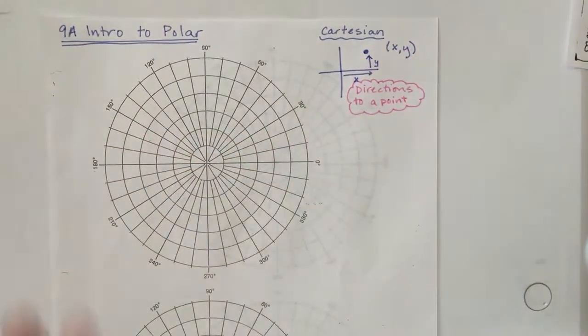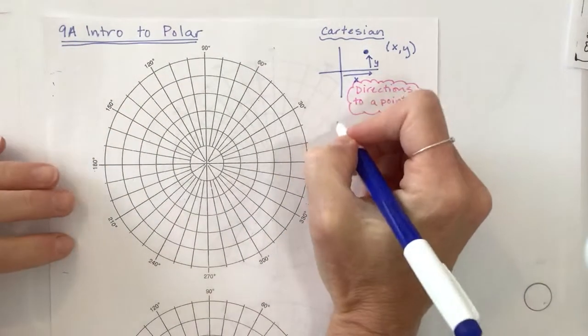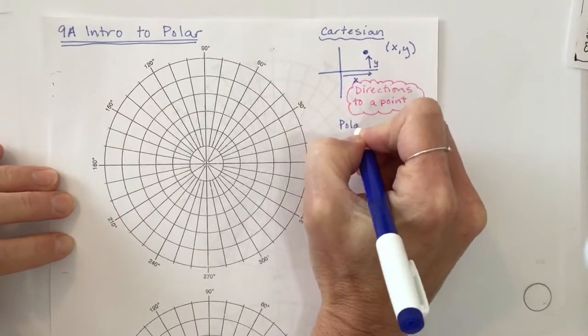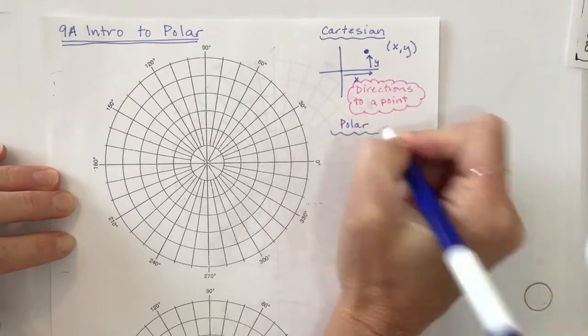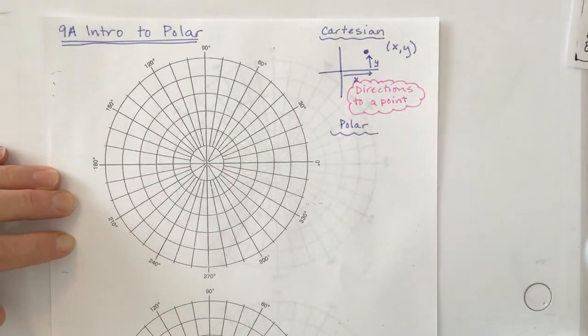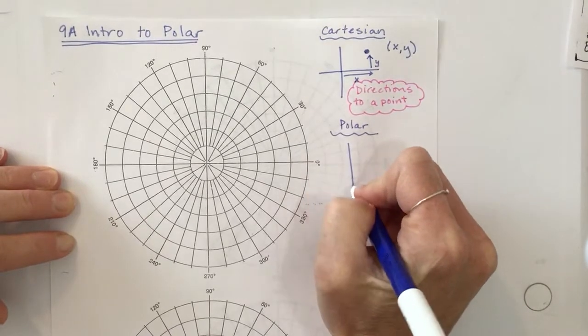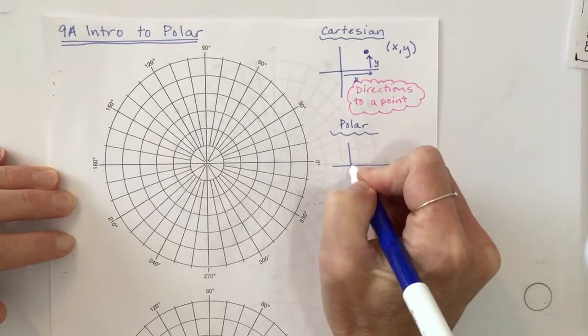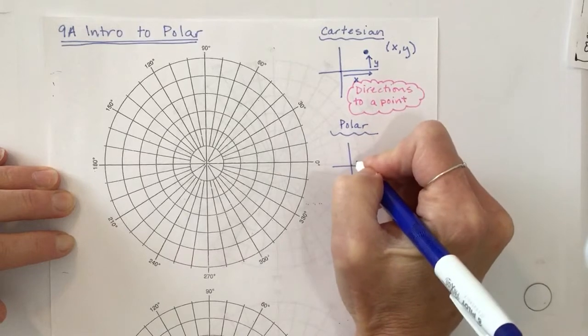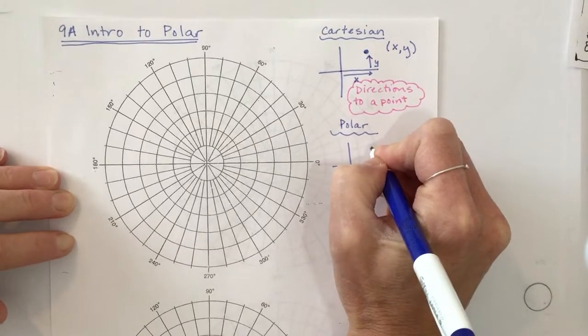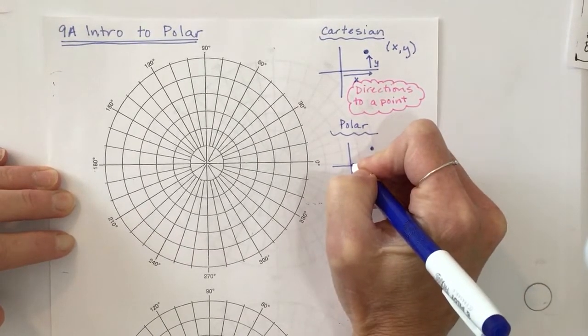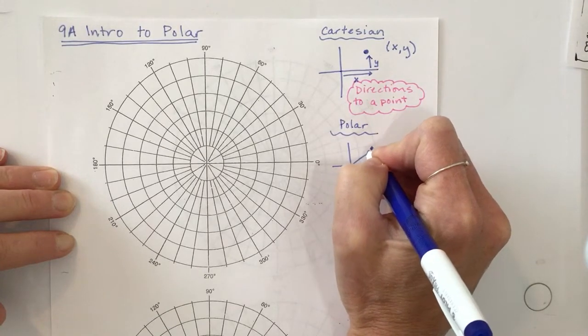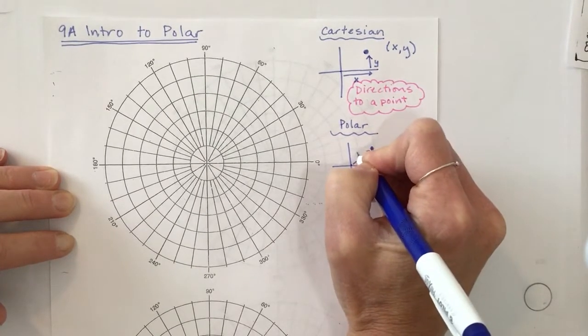All right, and now we're saying, okay, now we're going to do it in a different way. That's all. We're just going to do directions differently. So in polar, instead of giving an x direction and a y direction, we still start from the origin, and then, let's say we have this same point out here, we're going to give a distance from the origin, and we call that an r value.